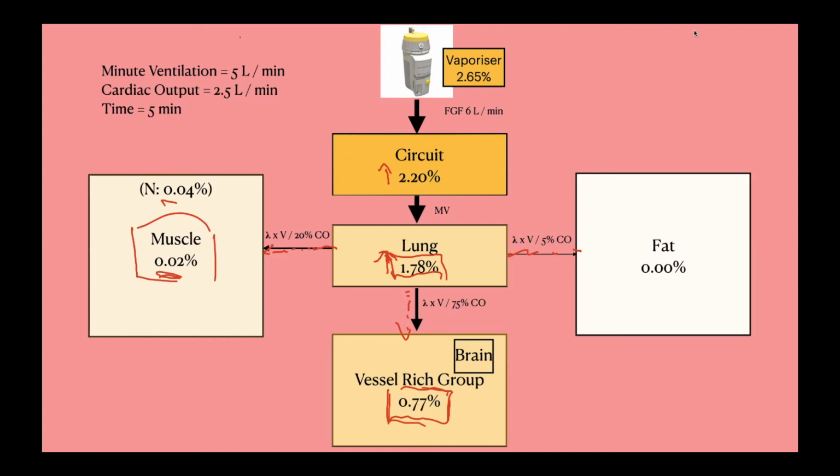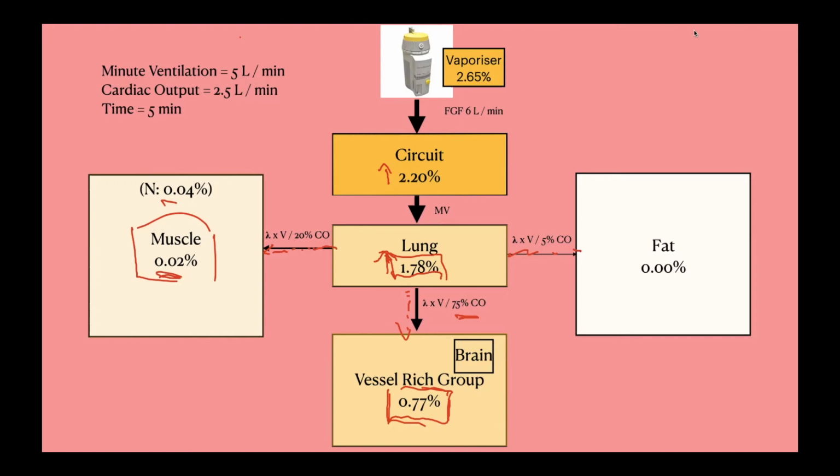And the reason why it lags behind is because of this idea of that time constant, where a reduction in your cardiac output is going to be increasing the time constant, or the time it takes for your vessel-rich group to equilibrate with your lung.